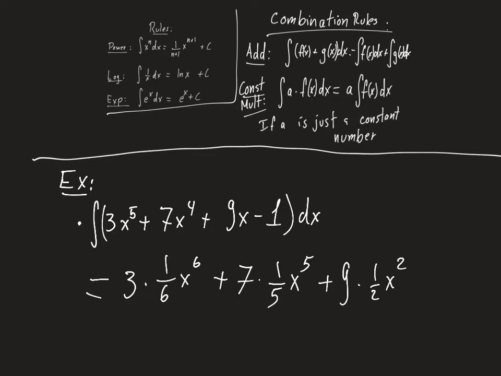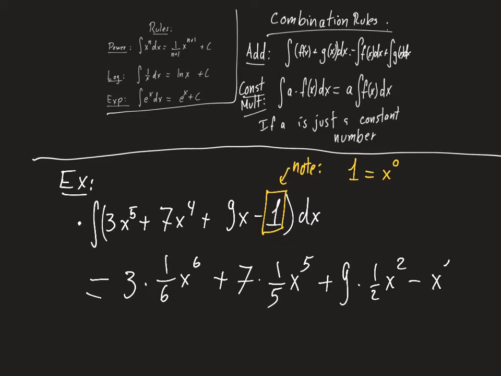And now we're going to divide in front by the power, which is 2. And last but not least, what do we do with this 1 over here? Well, I want to note that 1 is equal to x to the power 0. And so as a result, this is actually also going to be a power rule.